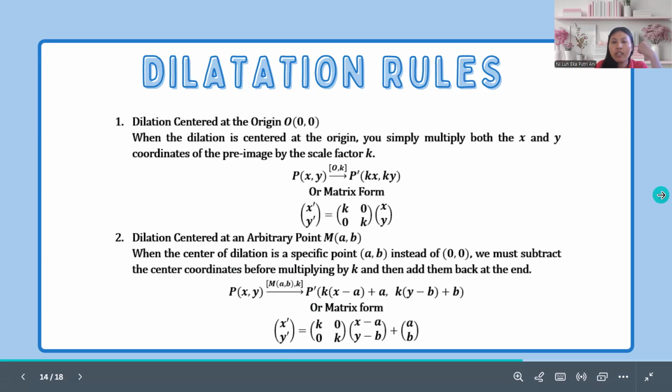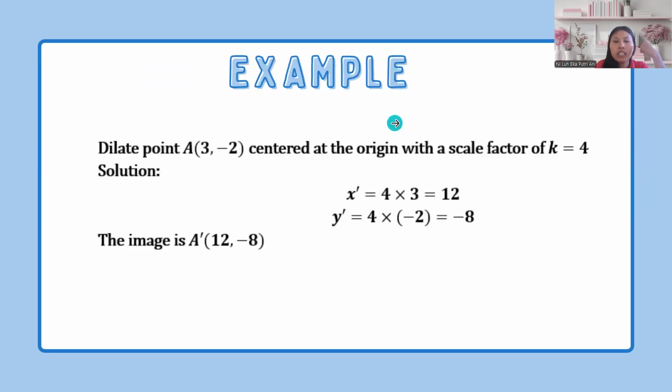Okay. For example, dilate point A with coordinates (3, −2) centered at the origin with a scale factor of k = 4.